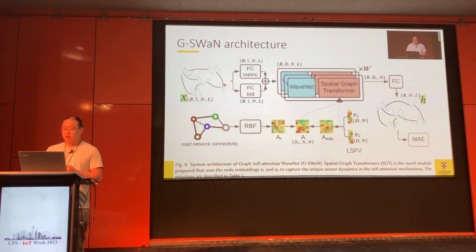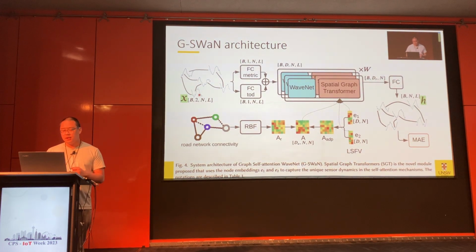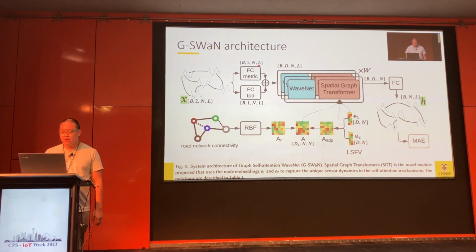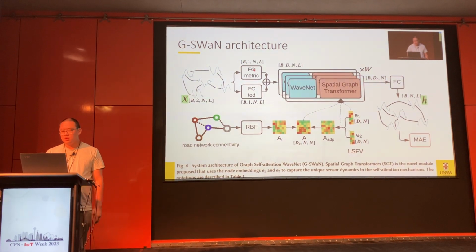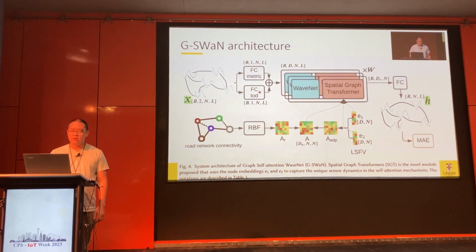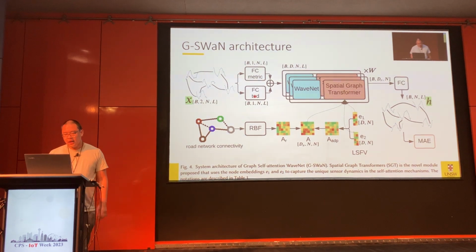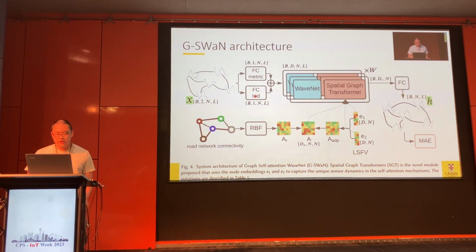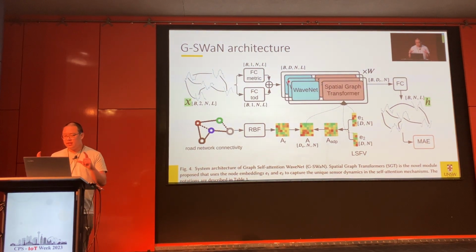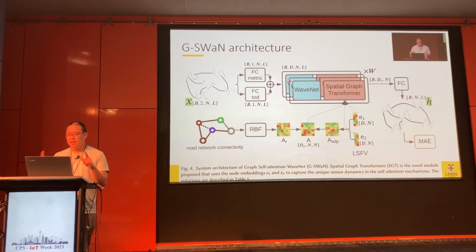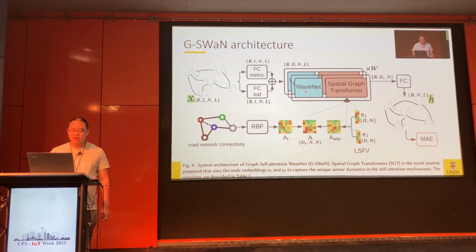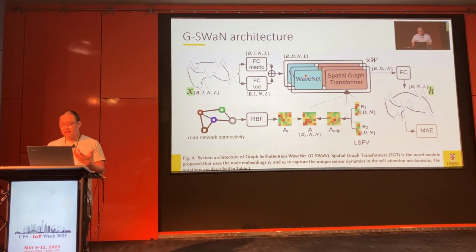So this is our input, a multivariate time series, and we have two encoders. One is to encode the speed or the density, and the other one is to encode the time of day, a feature that has been established in the literature as a useful feature. And then we put this into multiple layers of this temporal block and spatial block. So this blue block is the temporal block.